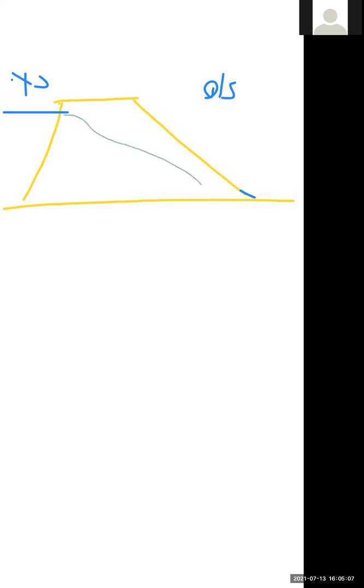This is any hydraulic structure. Here is the upstream side. Here is the downstream side. So if water movement is this way, this movement is here, this movement is here, and this movement is here.